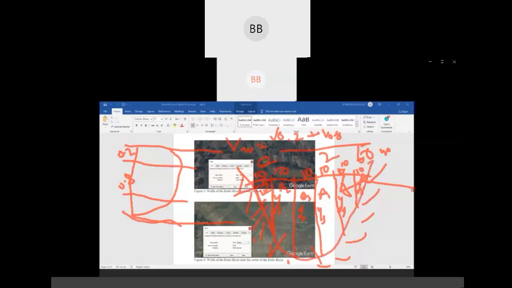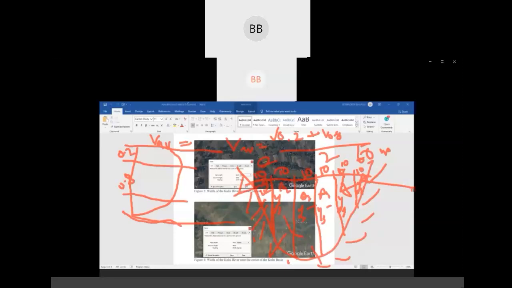Then similarly you can find out the velocity for the next section, then section 3, section 4, and so on. And then you add all, you will get the average velocity for the whole cross section. This is how you're going to find out the velocity.